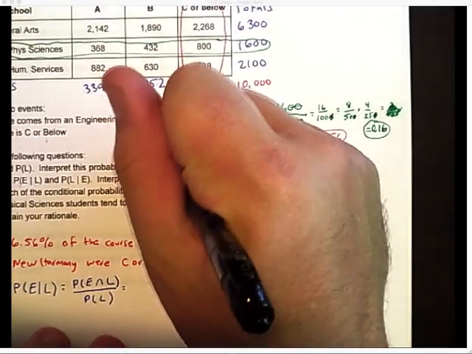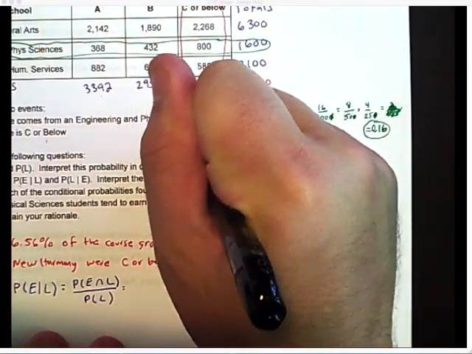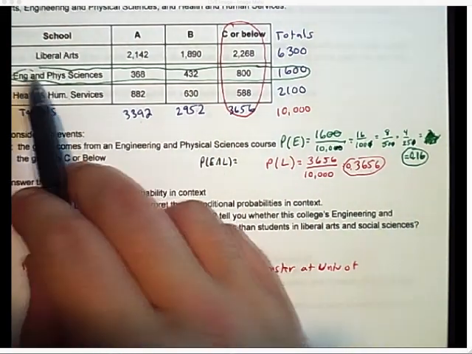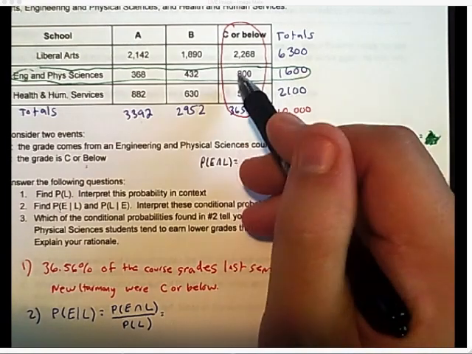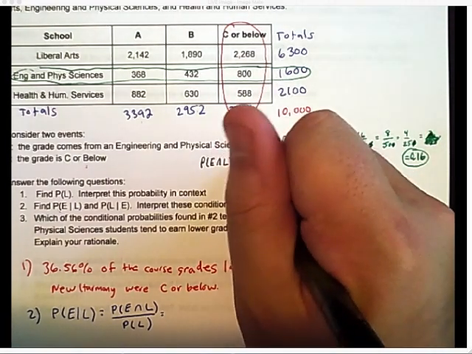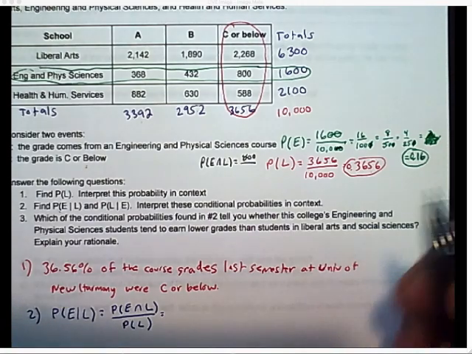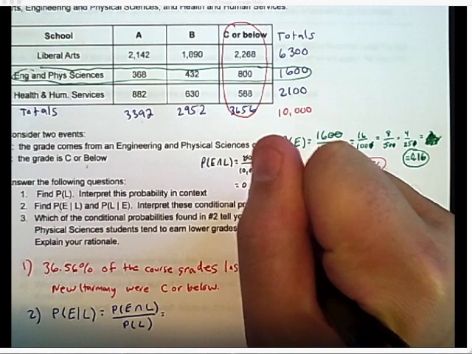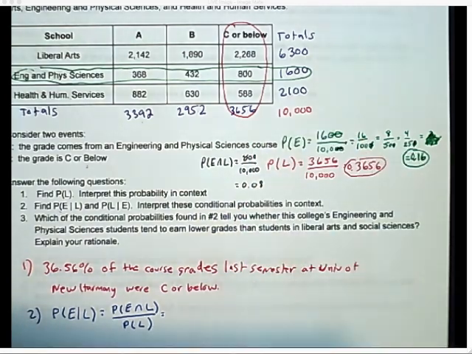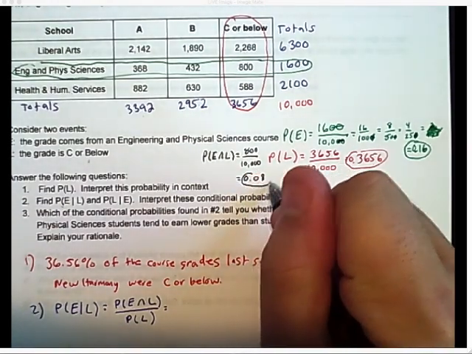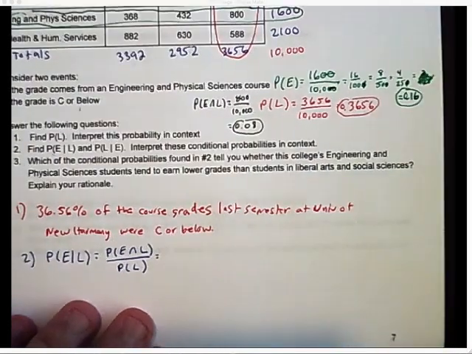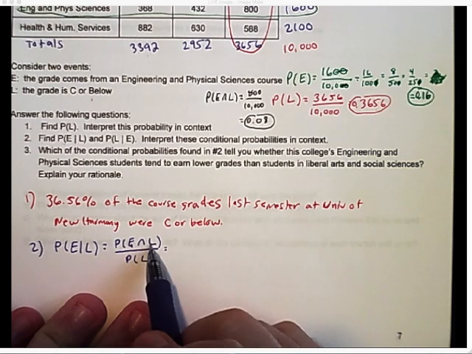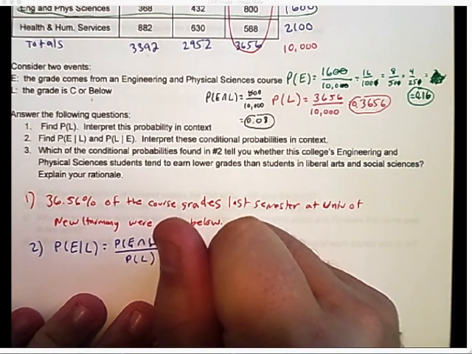So the way I would find probability of E and L, that means intersection. Well, how many students were engineering students and got a grade of C or below? Well, that was 800. So that was 800 out of the 10,000 students. So as a decimal, that is 0.08. So if I'm going to just use the numbers I've already gotten here, the probability of someone being an engineering student and getting a grade of C or below, that was 8%.